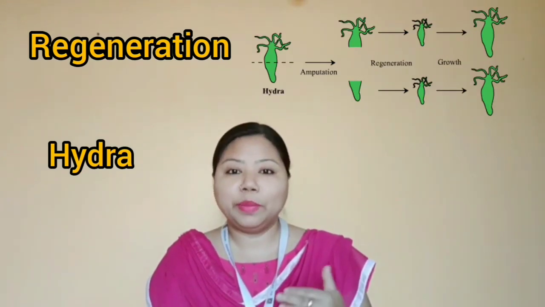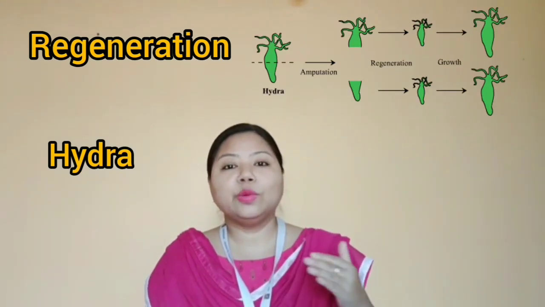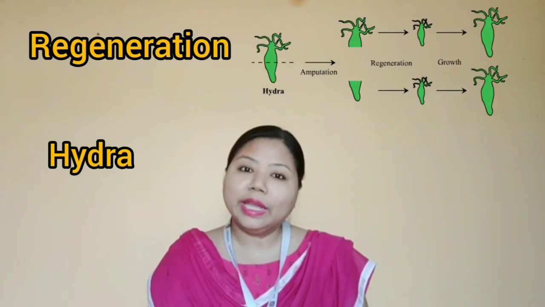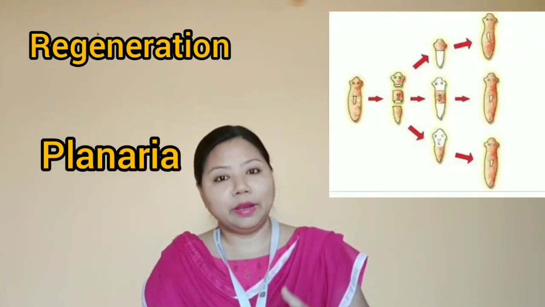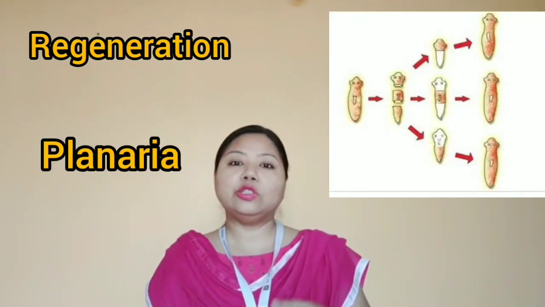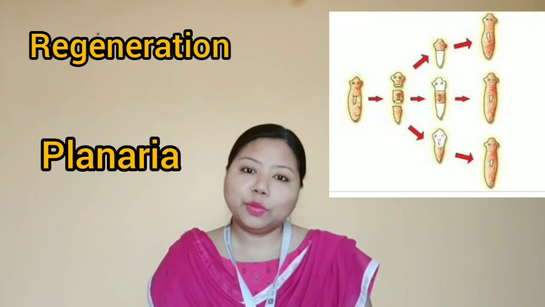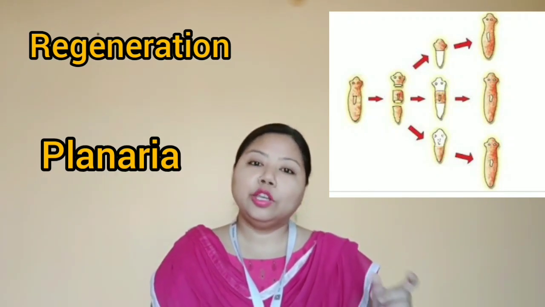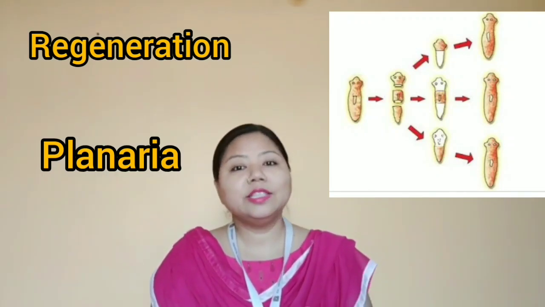For example, in simple animals like Hydra, if the body of the Hydra is cut into many pieces, each piece will grow into a new individual. Similarly, in simple animals like Planaria, if the Planaria body is cut into many pieces, each piece will grow into a new Planaria, and this is known as regeneration.